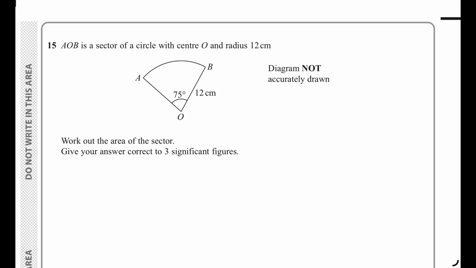Question 15. AOB is a sector of a circle with center O and radius 12 cm. Work out the area of the sector. Give your answer correct to 3 significant figures. So the formula to find the area of the sector is theta divided by 360 degrees times pi r squared.